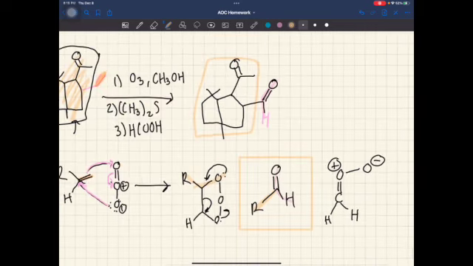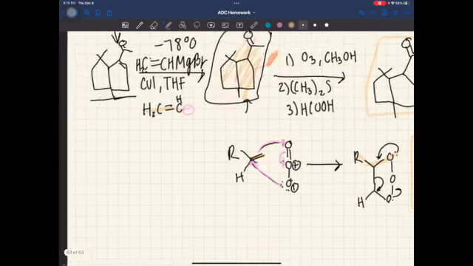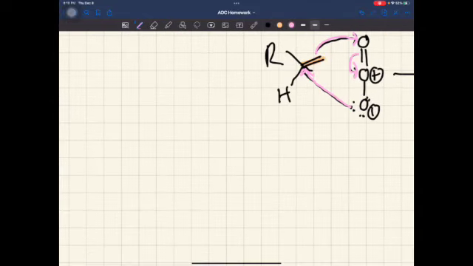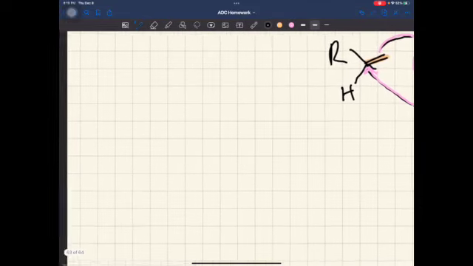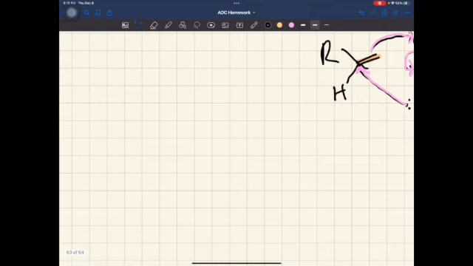Okay, now from here, what happens is an aldol type reaction. So I'm just going to redraw the structure.